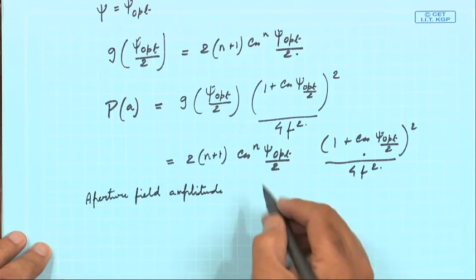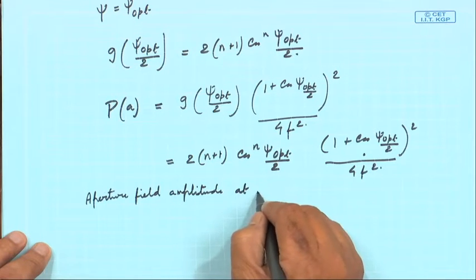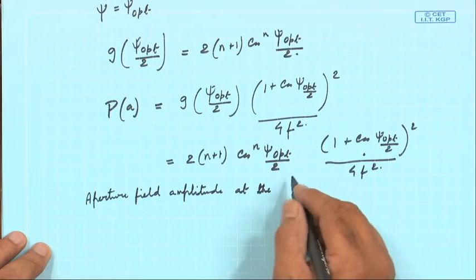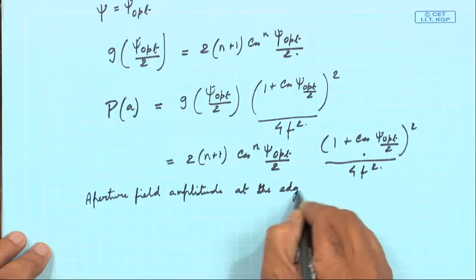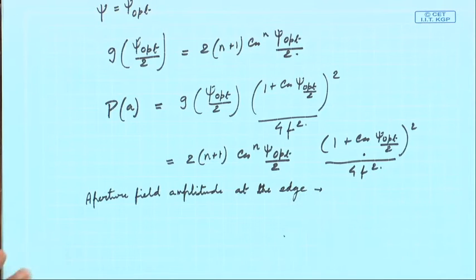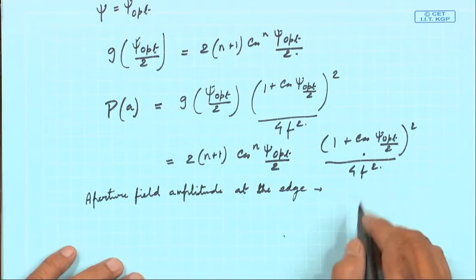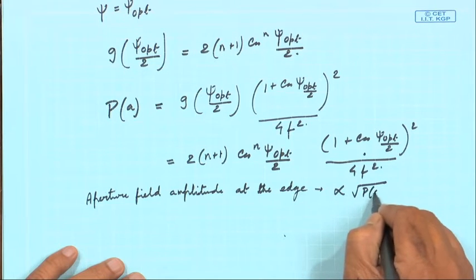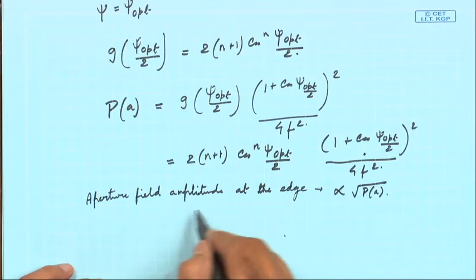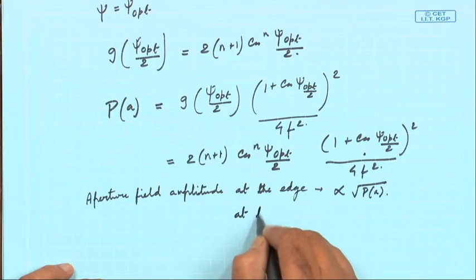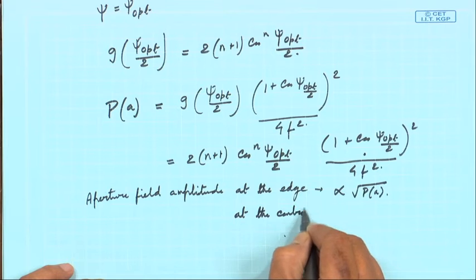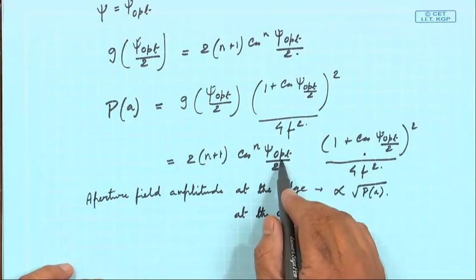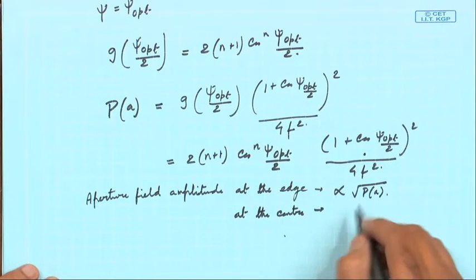From that I am writing the field amplitude at the edge, that means there my angle is this optimum. So, that will be proportional to root over Pa, and the field amplitude at the center, that will be when this angle becomes 0.